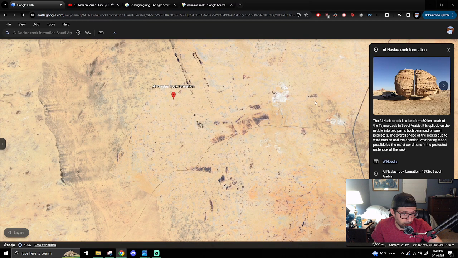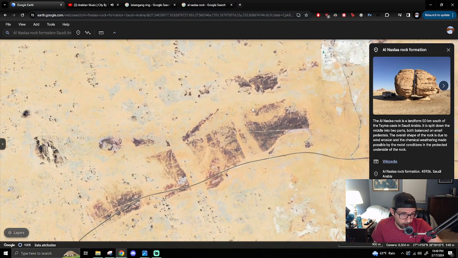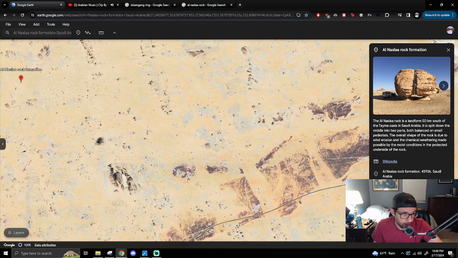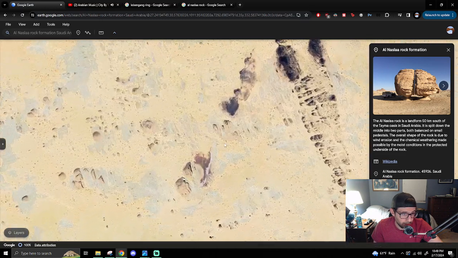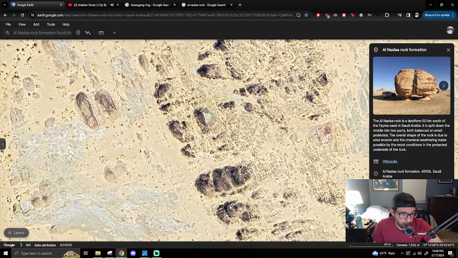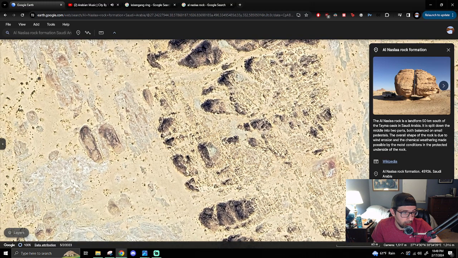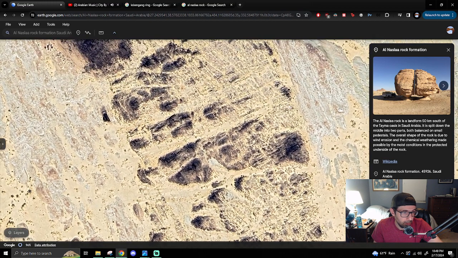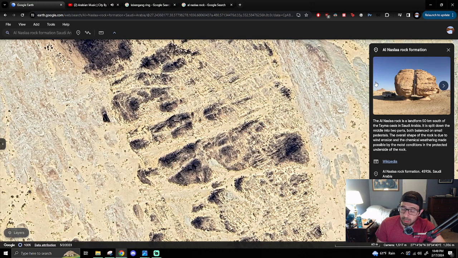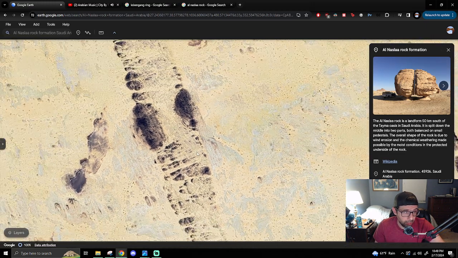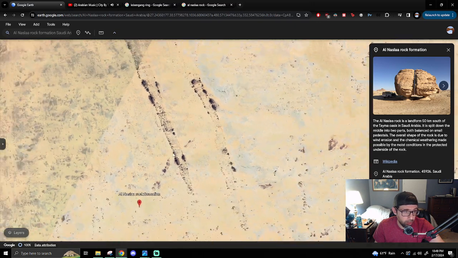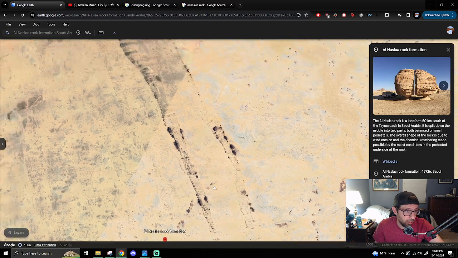But then there's this cross current that's also restricting, making things blocky in this area, generally leading to the blockiness of the Al Nasra formation.